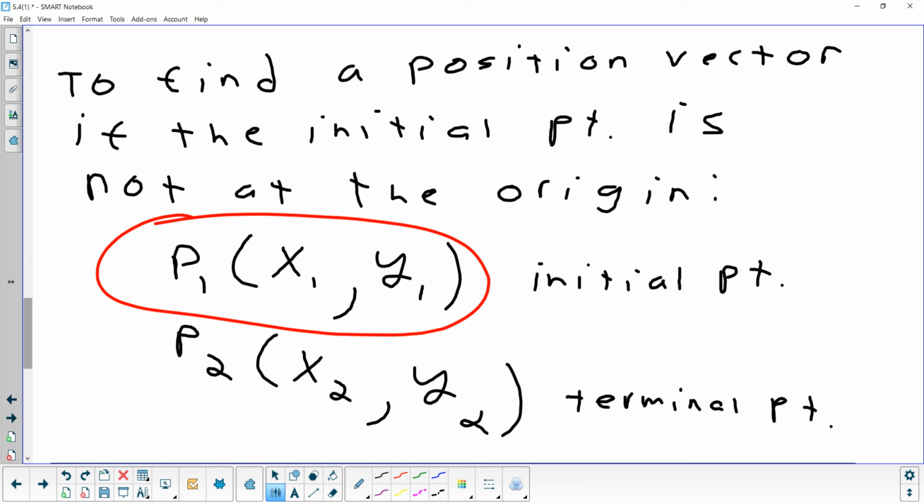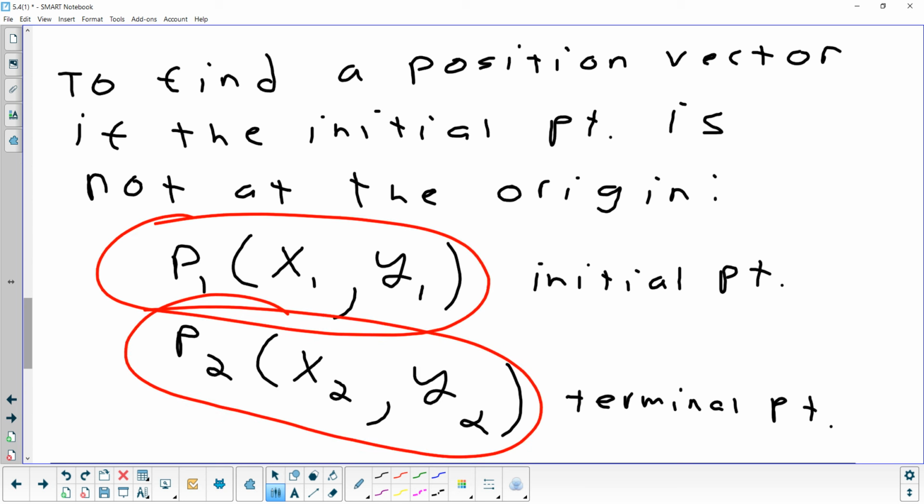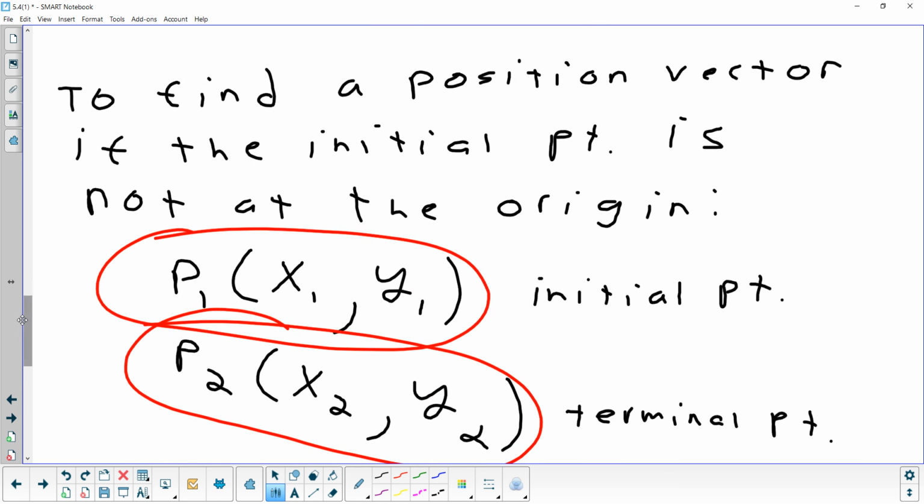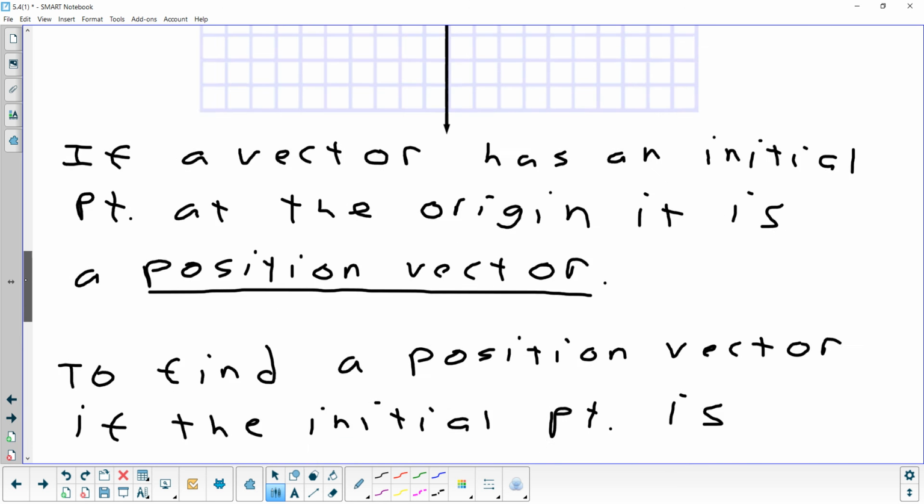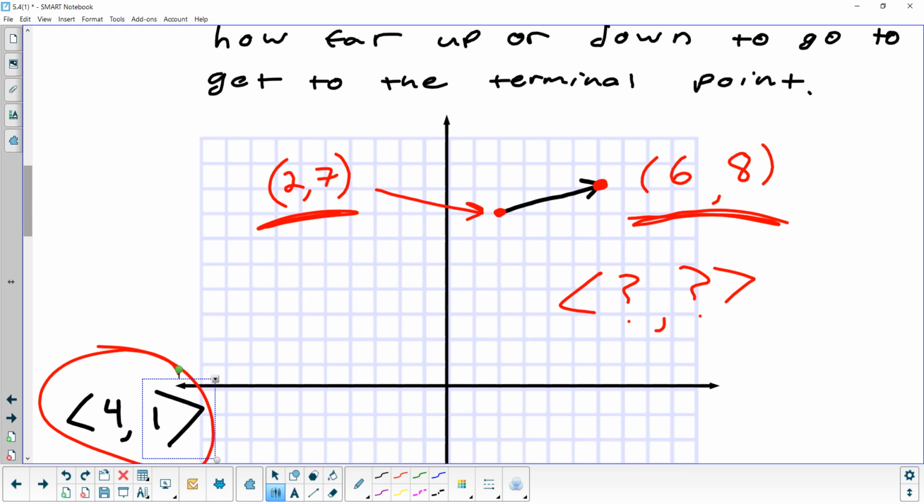Here's your initial point. Here's your terminal point. In our case, for the x1, the y1, and the x2 and the y2, we had the numbers 2, 7, 6, 8. That was our initial point and terminal point. And we subtracted.